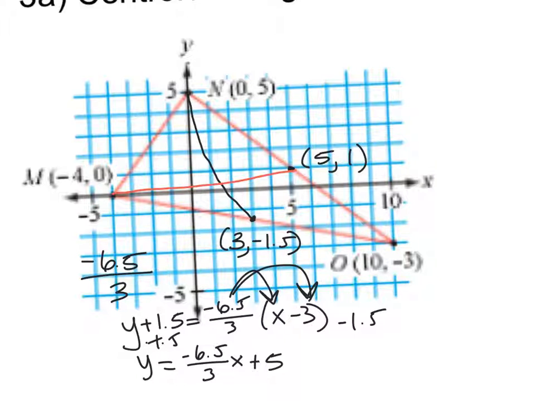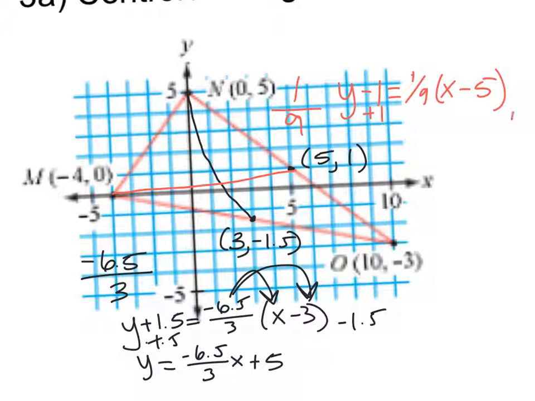I'm going to do the same thing for that red line. So my slope here, I am going up 1 over 9. So my equation will be y minus 1 equals 1/9 times x minus 5. I'm going to clean this up a little bit and distribute things.